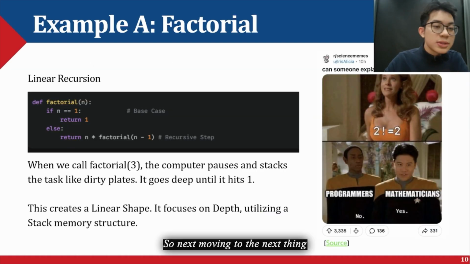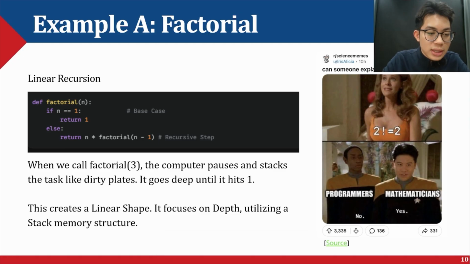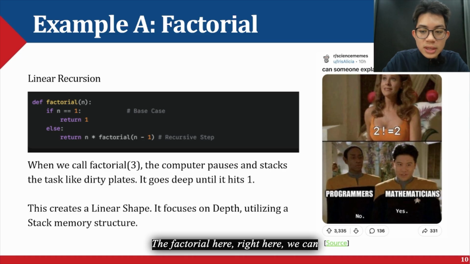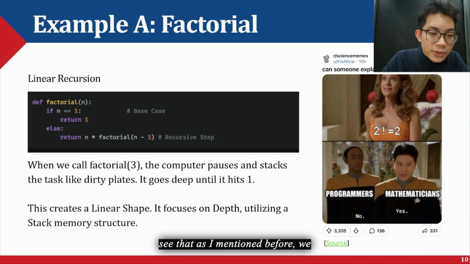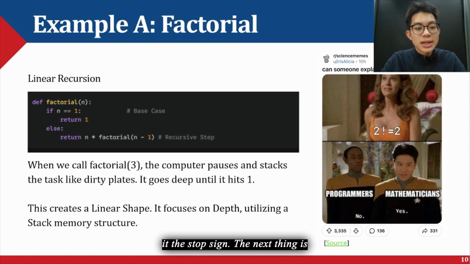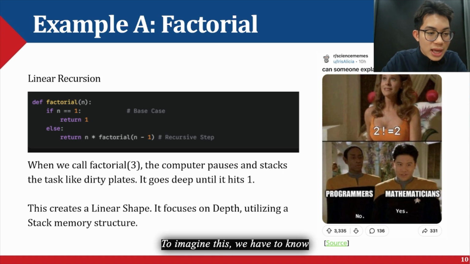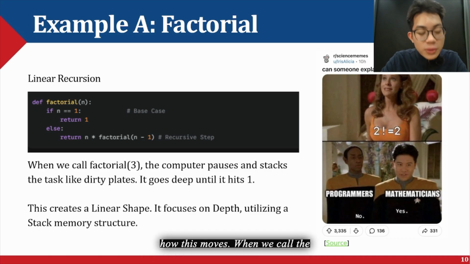So next, moving on to our first example, the factorial. Here we can see that, as I mentioned before, we have exactly two things. The first one is the base case, which we can call the stop sign. The next thing is the recursive step, the sync rate. To imagine this, we have to know how it moves.